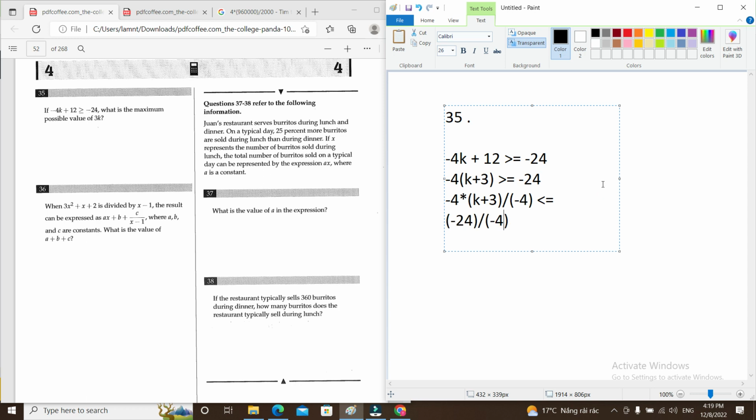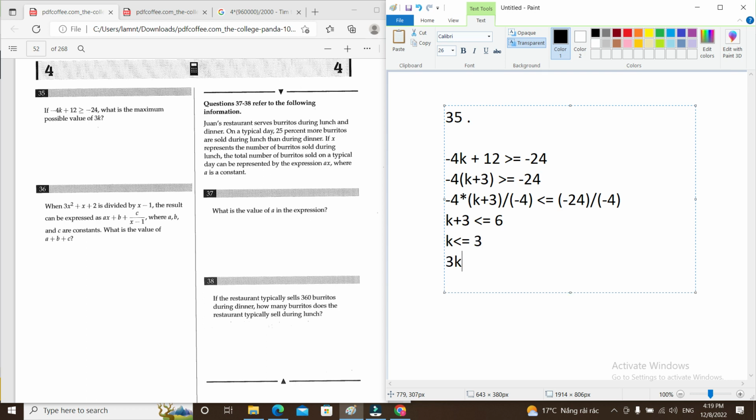So on this side, k plus 3 is smaller than or equal to, on the right side, 6. So we know that k is smaller than or equal to 6 minus 3, which is 3.